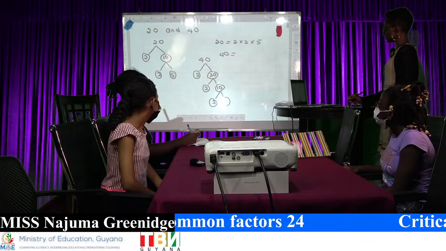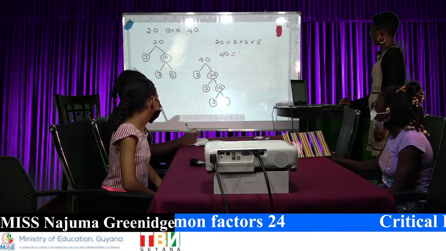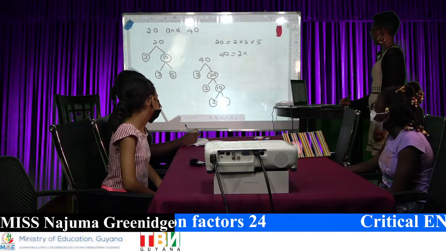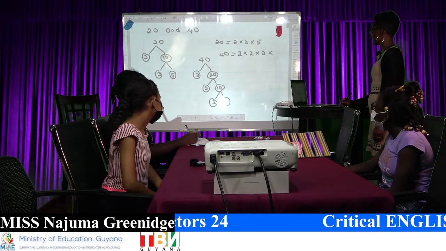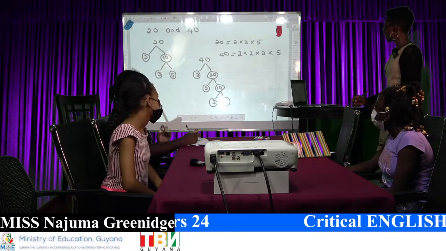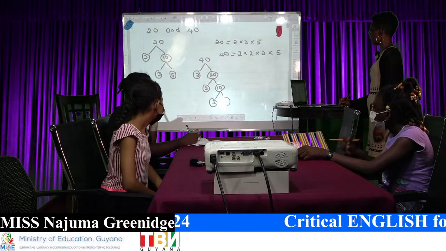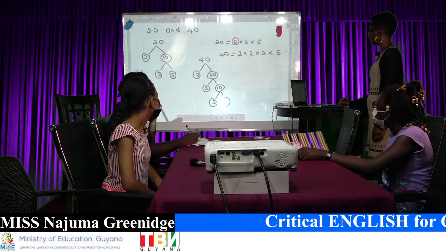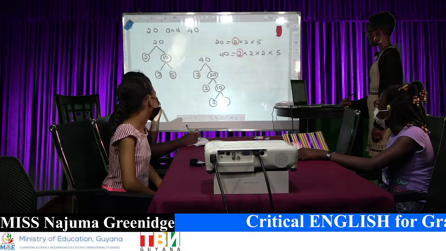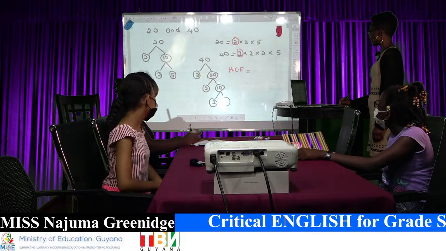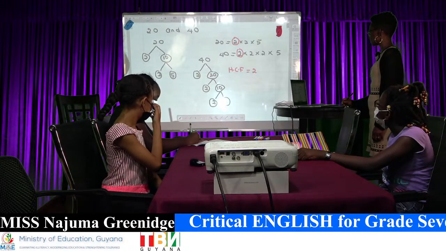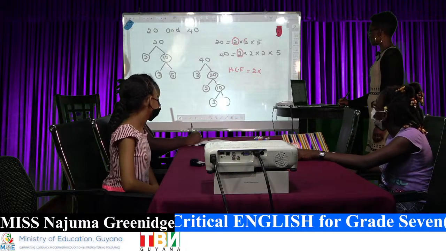40 factors. Let's go. 2 times 2 times 2 times 5. Right. So let's check out the pairs. We have a 2 here, now a 2 here. So let me write HCF in red. Equals. So we account for that one pair of 2. And we have another 2 here.